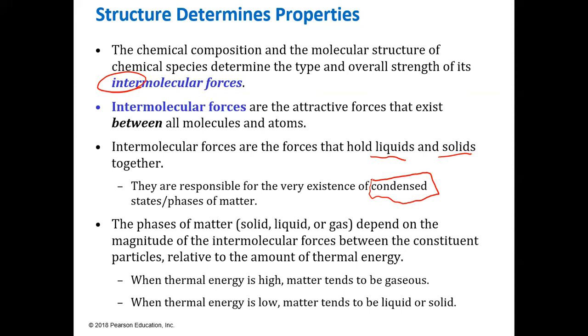So all that means is if your thermal energy is high, matter tends to be gaseous because they're constantly moving. And that's what thermal energy really is, how fast your particles are moving. When thermal energy is low, matter tends to be in a liquid or a solid phase because your particles aren't moving as fast.